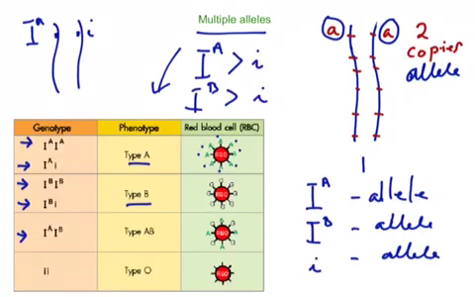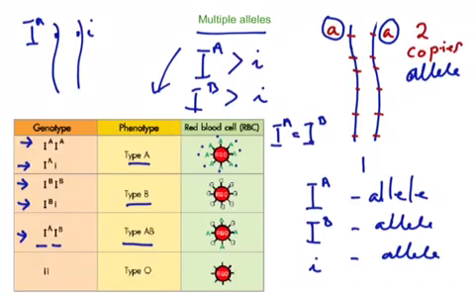If you carry I A I B, then you will be blood type AB. Now this is an example of codominance, where each allele, I big A and I big B, is equally dominant. One is not dominant over the other, so one's not dominant and one's not recessive.